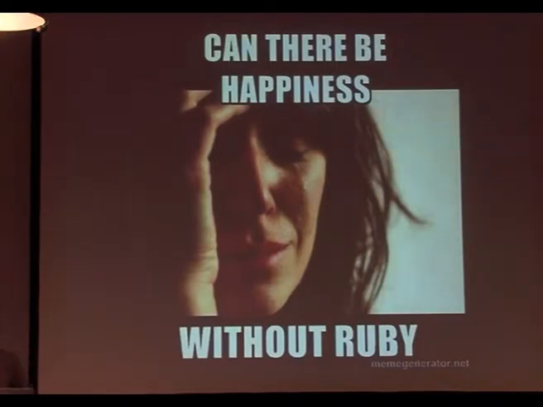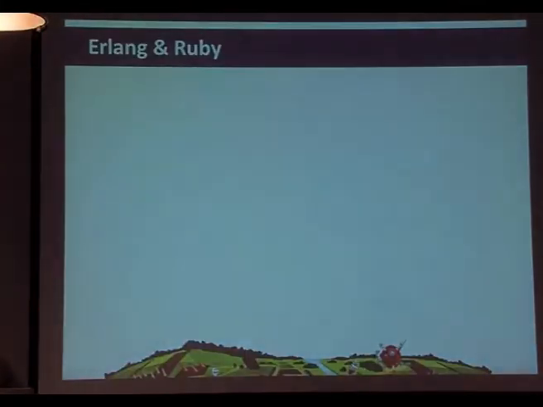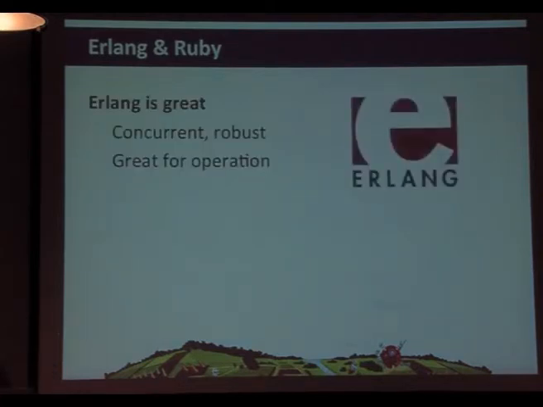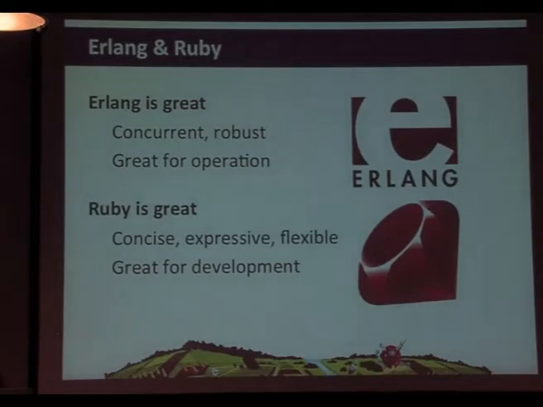When you've done some Ruby as I did before, it also felt a bit like giving up a lot. So we set out to maybe combine Erlang and Ruby. While Erlang is obviously great for concurrency, it's robust and great for all things operational, Ruby is also great.